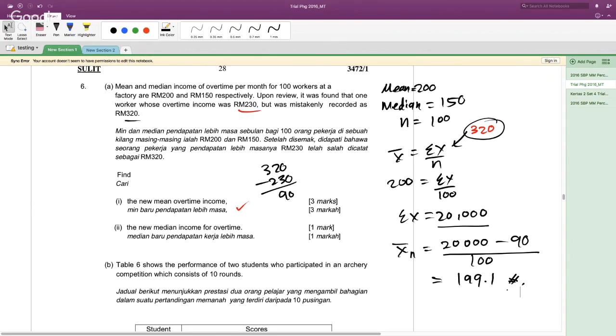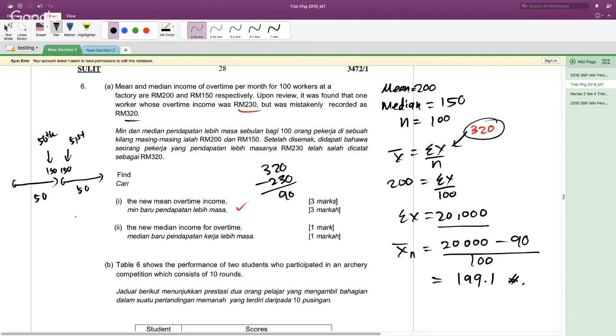All right, and then the question asks you to find the new median. Since the median is 150, and you have 100 workers, that means you have 50 workers here, 50 workers here. If the median is 150, it's possible that both the 50th and 51st values are 150 and 150, then the middle value is 150.